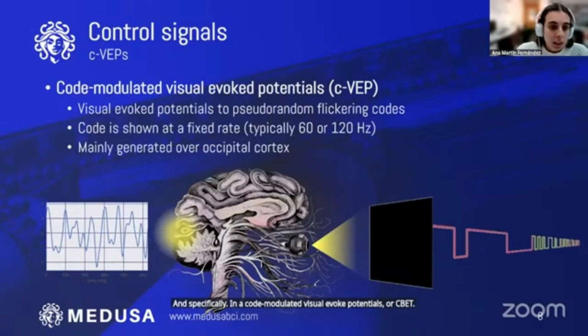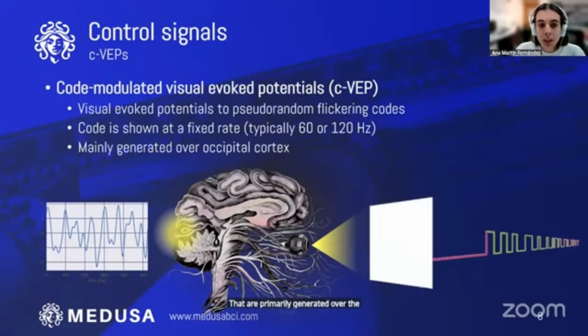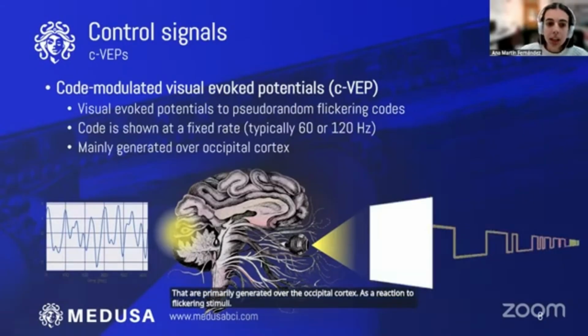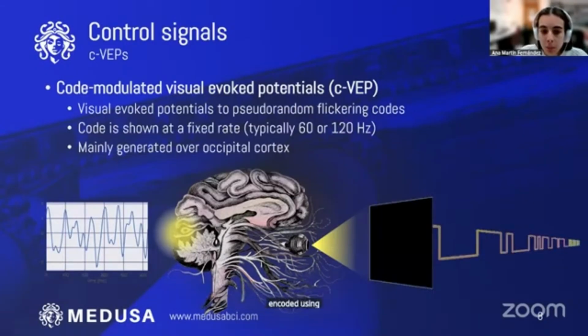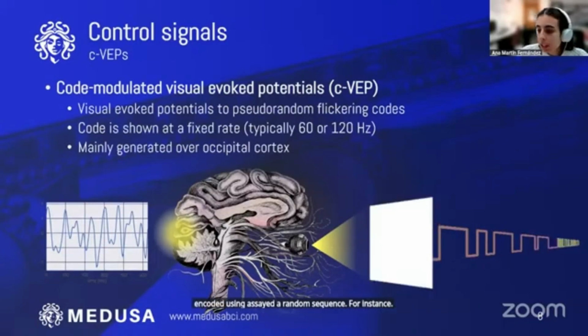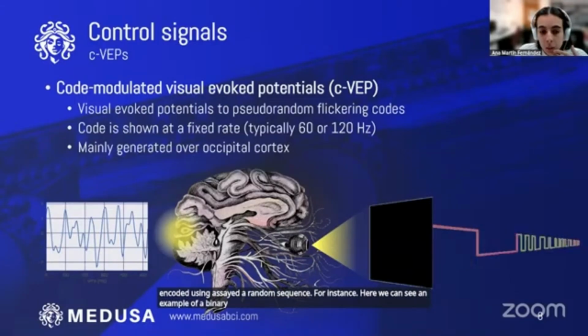These control signals are visual neural responses that are primarily generated over the occipital cortex as a reaction to flickering stimuli, encoded using a pseudo-random sequence. For instance, here we can see an example of a binary pseudo-random sequence.